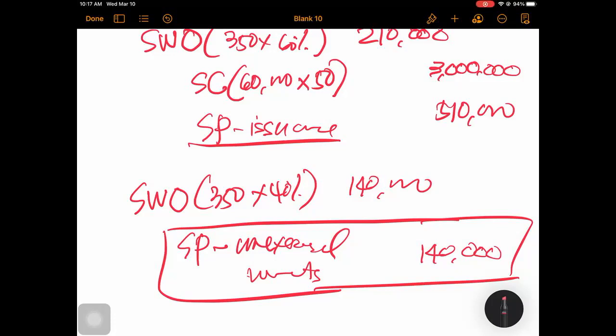Wala question? Sure ha? Clear ba? Clear ba ang bonds with share warrants?